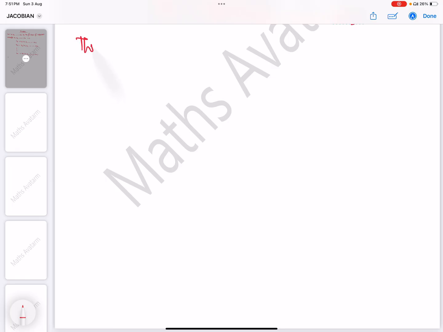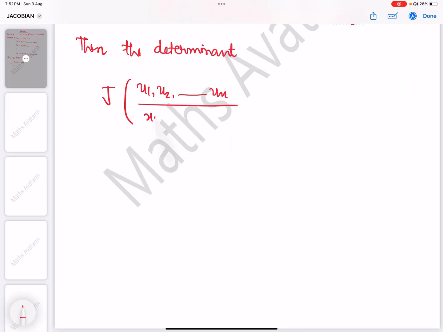Then the determinant, we will denote it by del(u1, u2, un) upon del(x1, x2, xn).